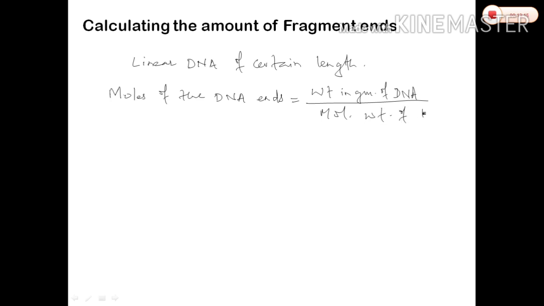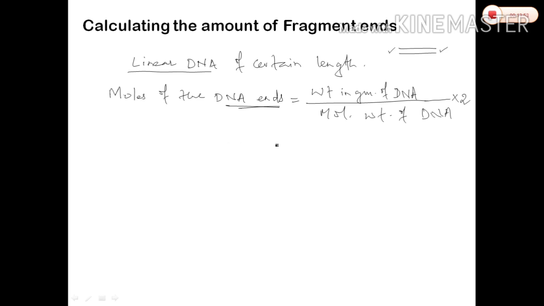But when you are taking linear DNA, they already have two ends. So we multiply here by 2, because we are calculating the moles of the DNA ends, right?